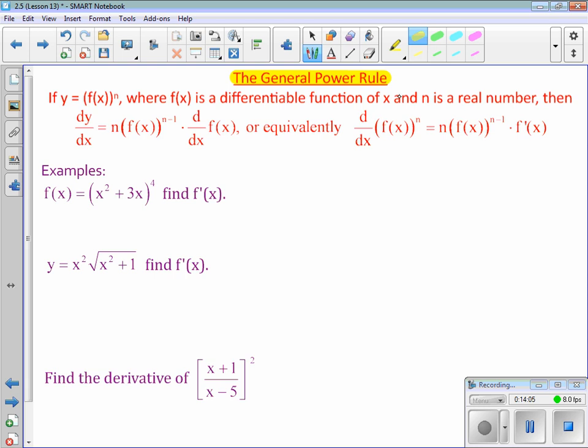This is saying take the derivative, right? What I do with my exponent is I pull it down front. So do you see how the n's down front? I leave the inside alone, and then what do I do with the exponent? Subtract 1. Doesn't that look very familiar? And then you have to multiply by the derivative of that inside function. Okay, that's called the chain rule.